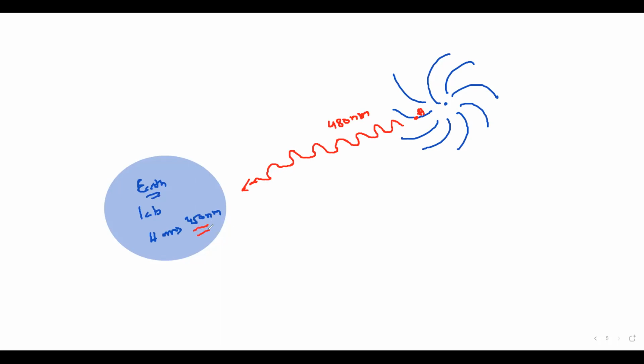So in the lab hydrogen should give 450, but the hydrogen in the galaxy gives 480. So the wavelength emitted from the source appears to have increased. What can I say about this galaxy, where is it moving, towards us or away from us?